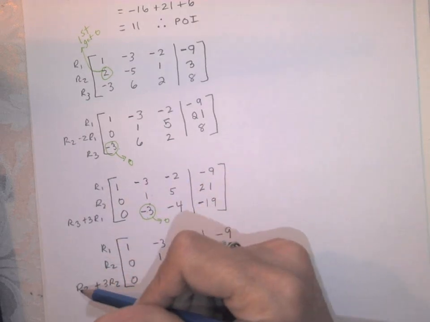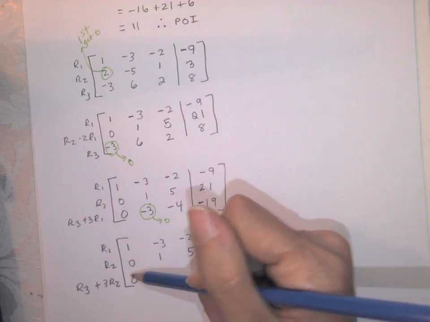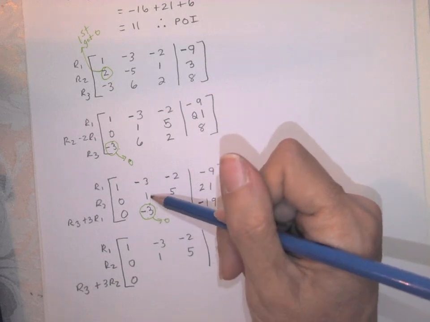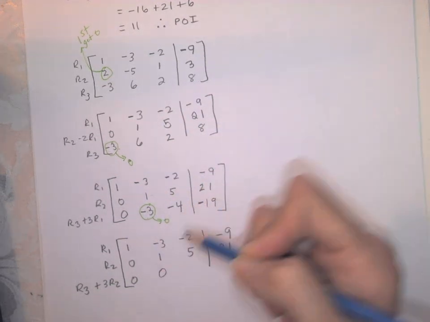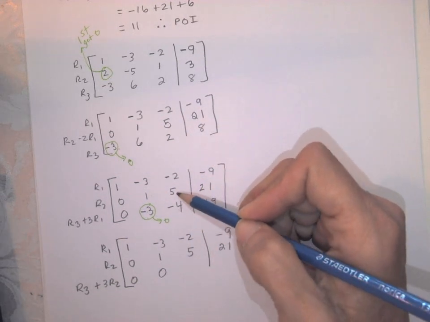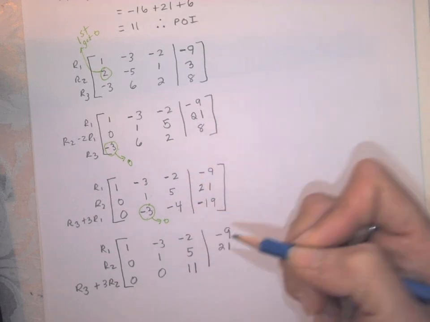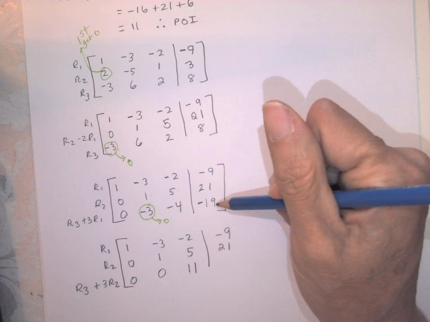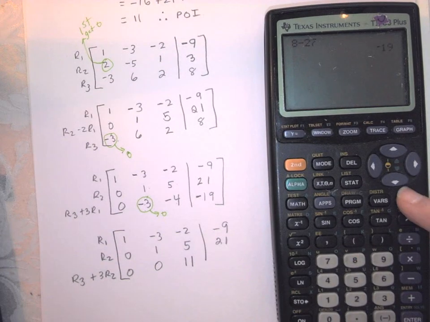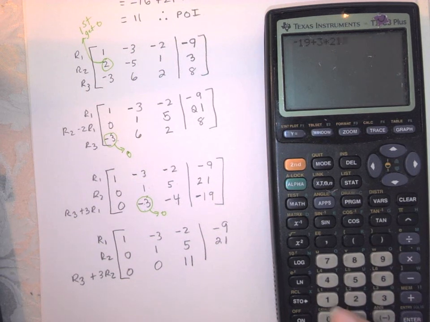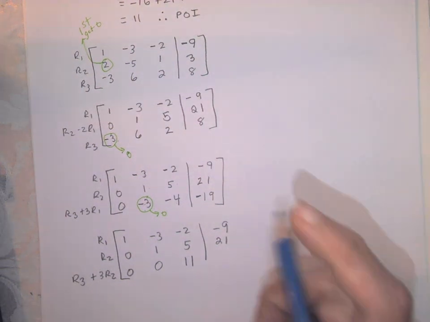Okay, so 0 plus 3 times 0 is still 0. Negative 3 plus 3 times 1 is 0. Negative 4 plus 3 times 5 is 11. And let's use our calculator. So negative 19 plus 3 times 21 is 44.